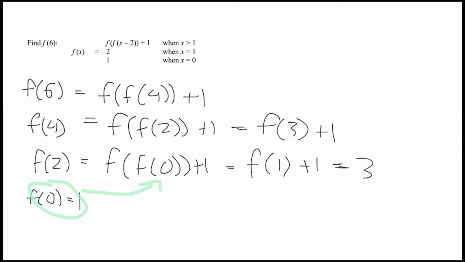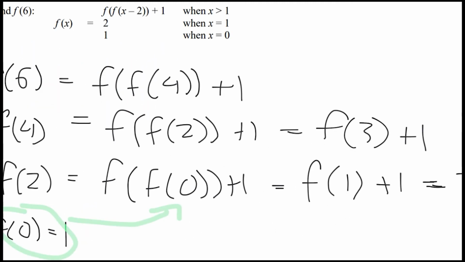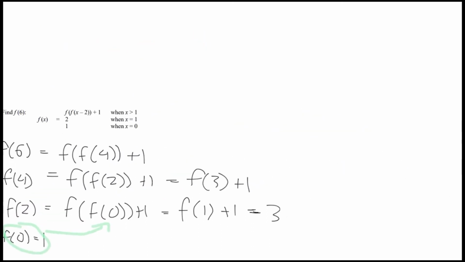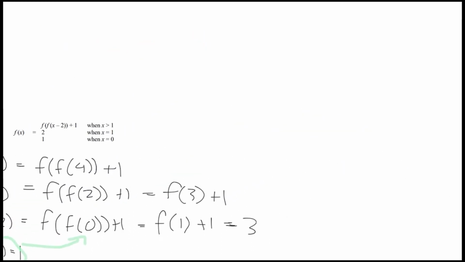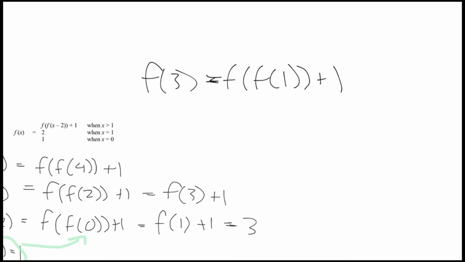So on the side, I'm just going to move real quick. All right. Let's solve for f of 3. Well, f of 3 is nothing but f of 1 plus 1, and it's an equal sign.